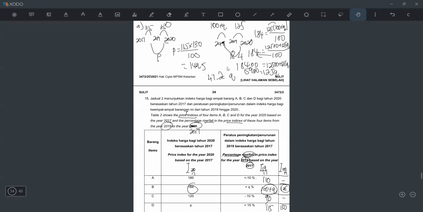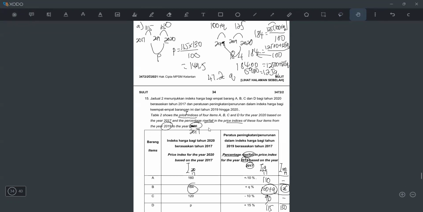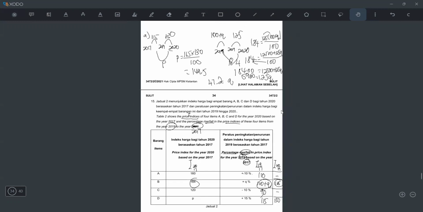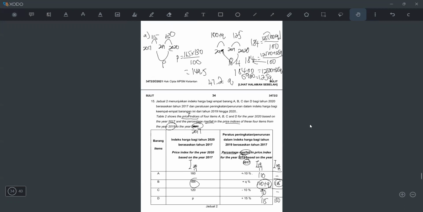Okay, the marking scheme answer is 47.2 and 149.5. So correct already. 149.5 and 47.2. Okay, so correct already. So just copy. So why did you not get it? I think I put some numbers wrong. It's okay. Okay, so just correct it. Right, I'll wait for you. Go. The working is above.